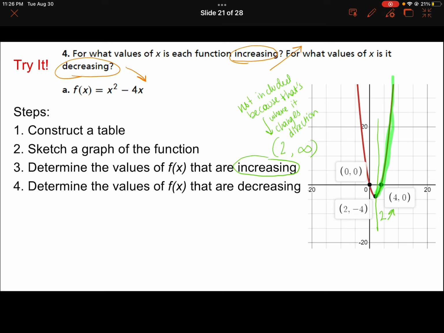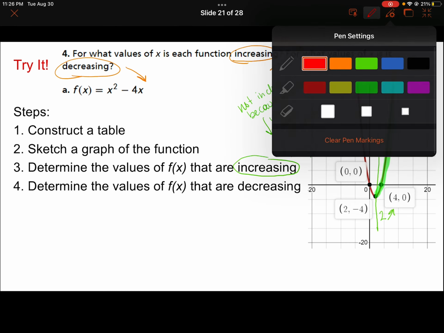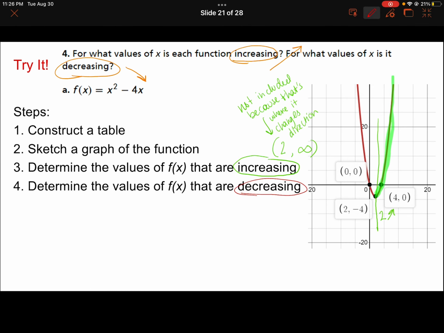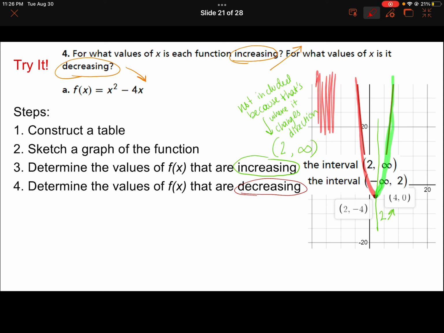Okay, now let's look at where it's decreasing. Let's use red, decreasing. So we see that it's going down, down, down, all the way to 2. So if we're scanning from the left, this goes on forever, right?